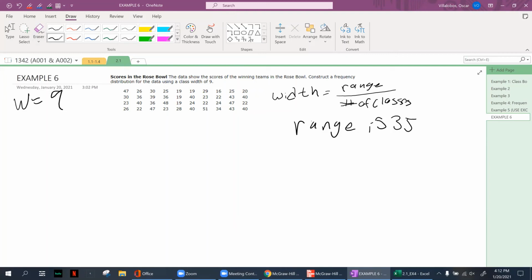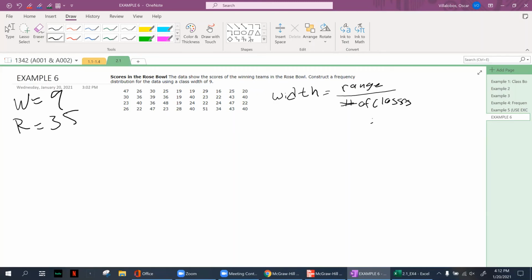If I have width and range, using the formula I had before, I can find the number of classes. The formula is: width is equal to range over number of classes.